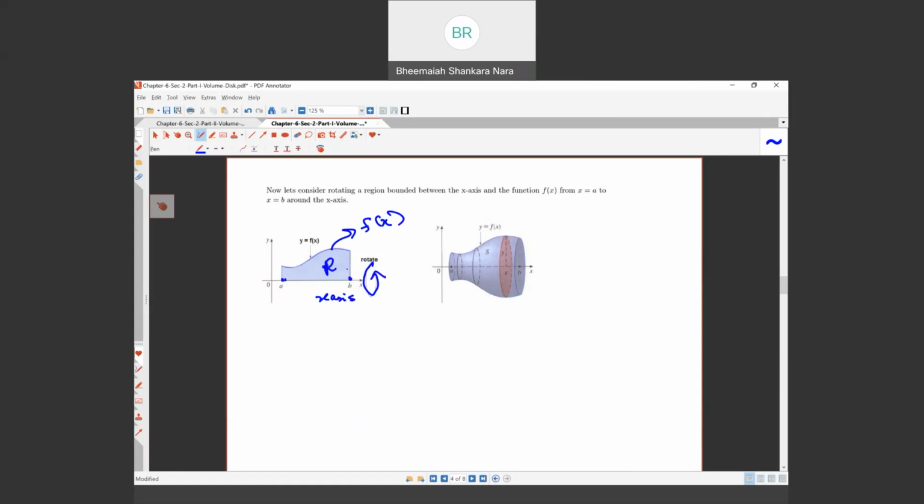As soon as you rotate along this line, all you get is this cross section on the right. And the small piece here, we call it a circular disc.